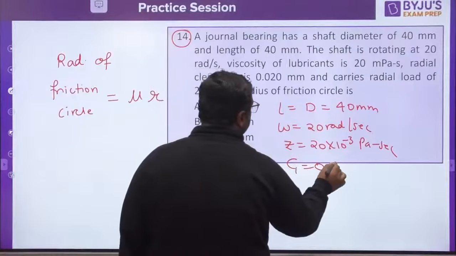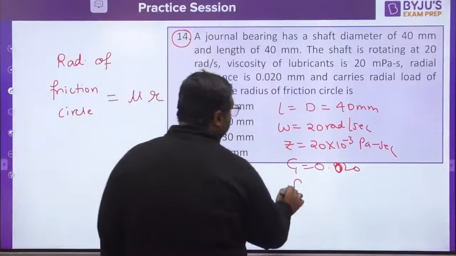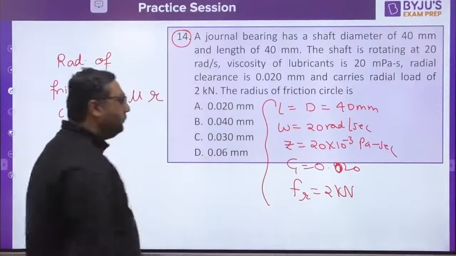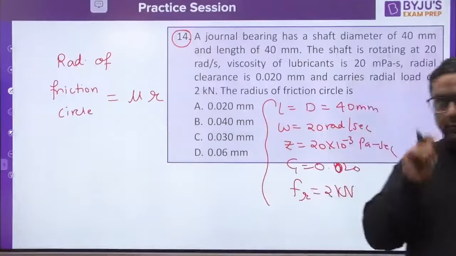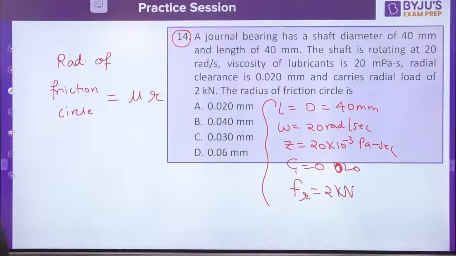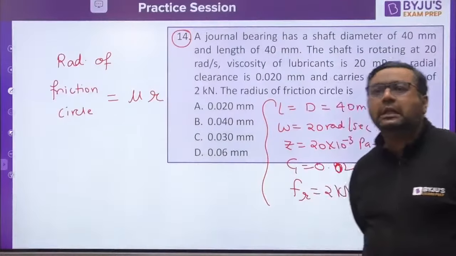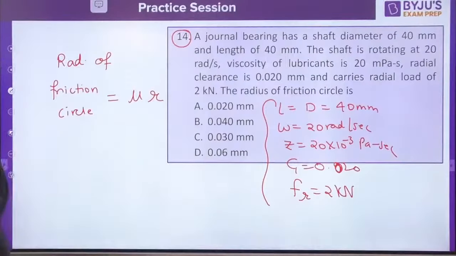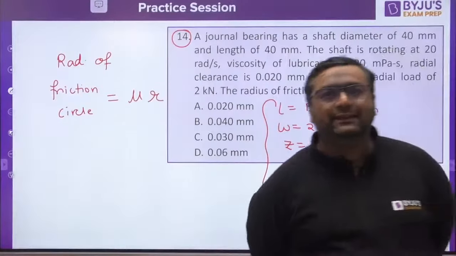Clearance is, radial load is 2 kilonewton. Find out mu times of r. Yes, guys.